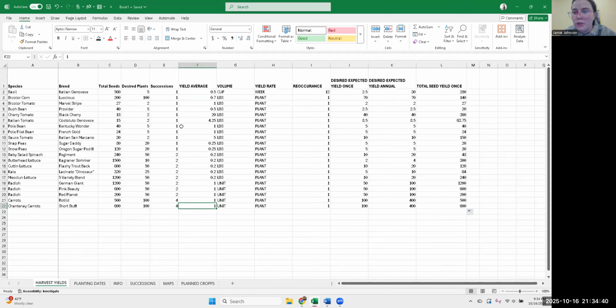You expect to get one. You can't really grow half a pumpkin or half a carrot. They're just smaller pumpkins and carrots. And at least for me, I don't really mind how big my carrots or radishes are, so I don't really need that in pounds.